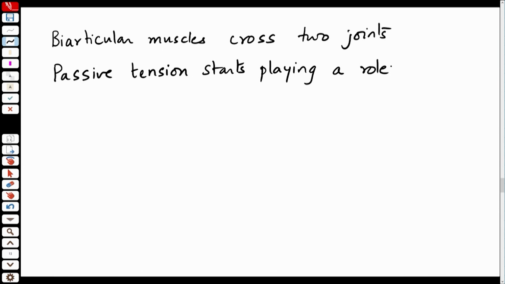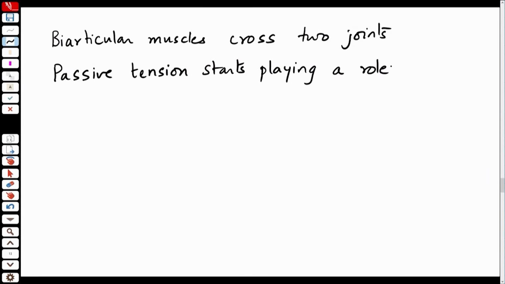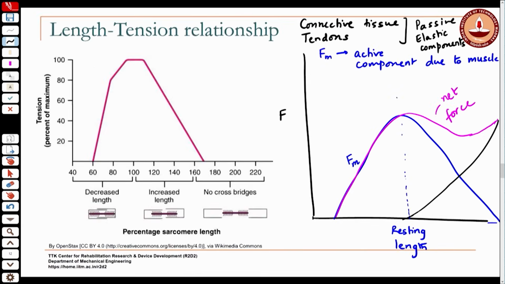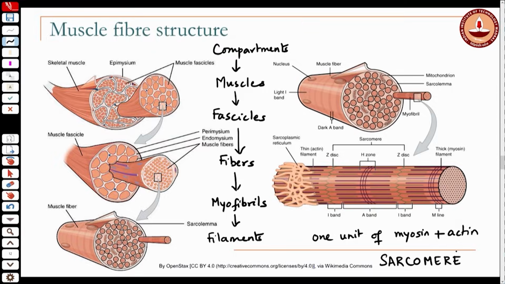And also you start operating at the two extremes of this curve. Okay. So, let us see. So, a biarticular muscle crosses two joints.